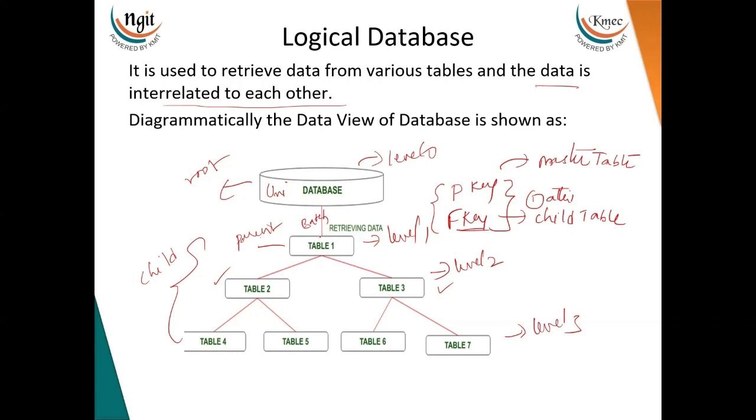Now, under that batch, there might exist several branches. Let the batch be 2024. Under this 2024 batch, there might exist several branches. So this particular level 2, assume that this indicates the branches which come under the batch.